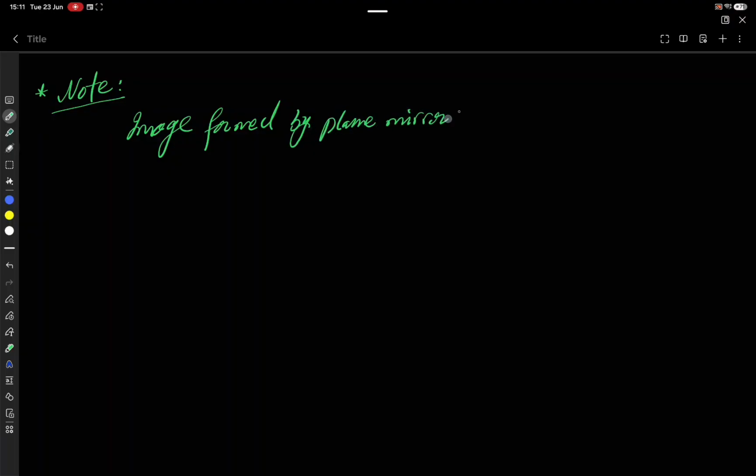Okay, now the next part is that note that the image formed by a plane mirror is laterally inverted.